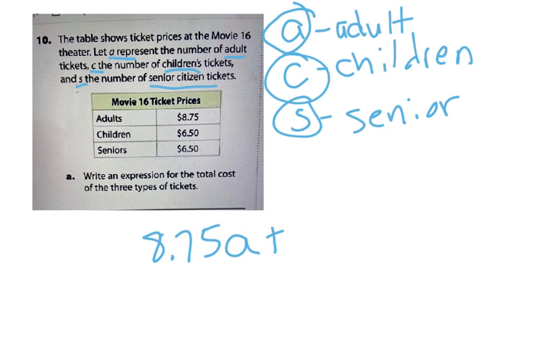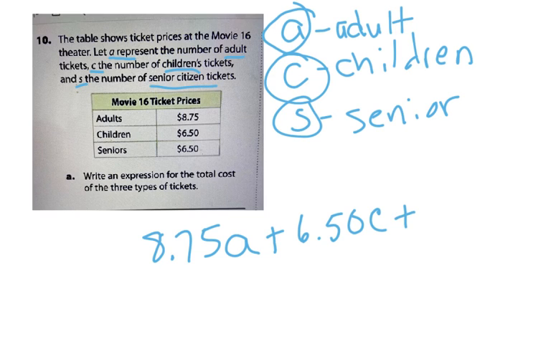I would add to that the price of the children's tickets times the number of children's tickets we purchase, which would be our variable of C. So the cost is $6.50 multiplied by however many we purchase, which is the variable C, okay?